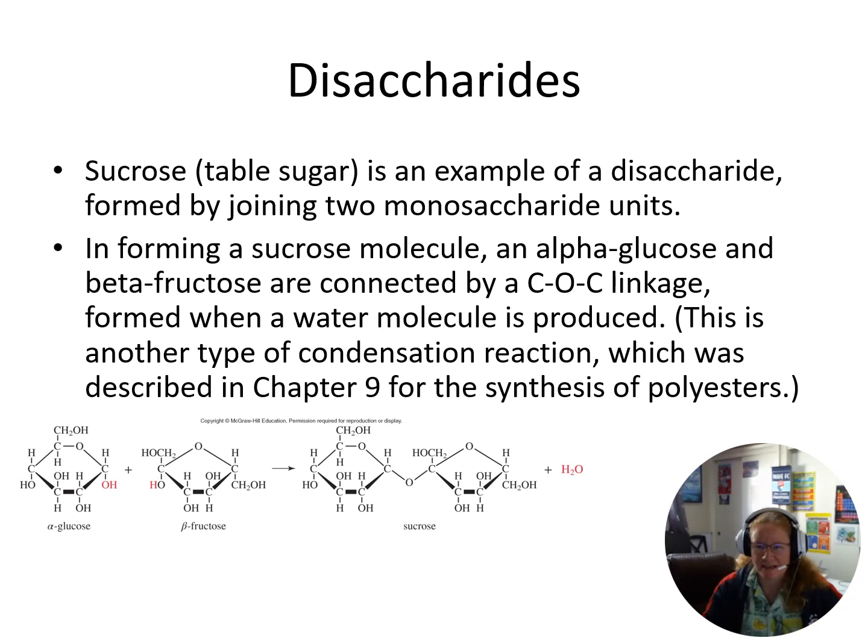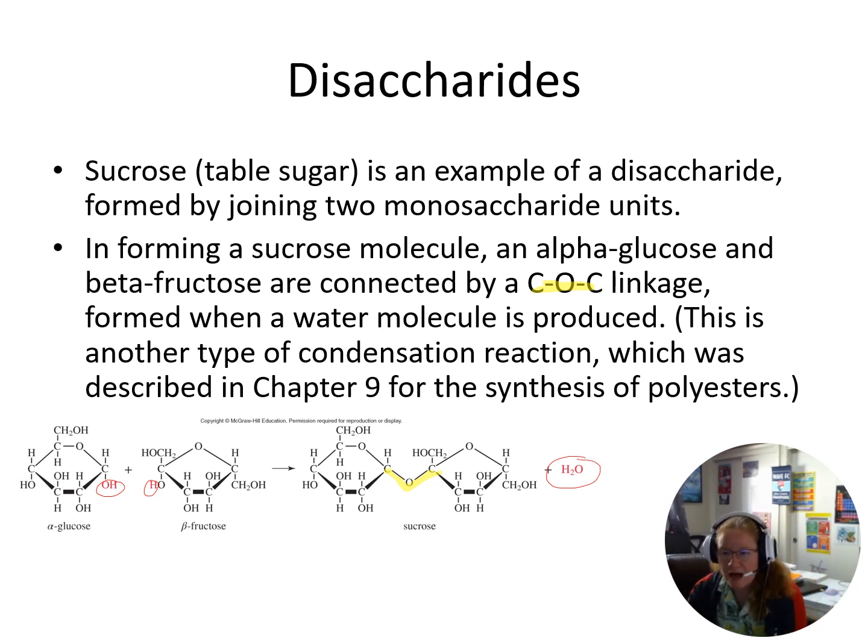And you get a linkage, the C-O-C linkage, which is this right here, and it cuts out a water. You can see highlighted in red, this OH and this H. That gives rise to the water.